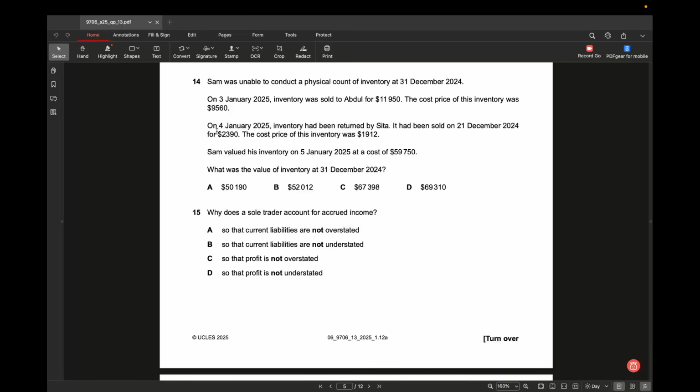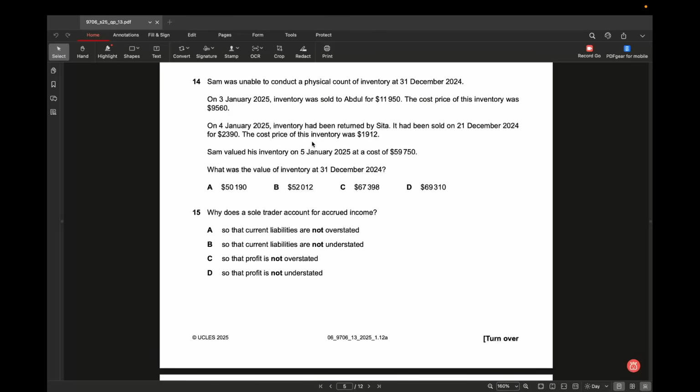On 4th January 2025, inventory had been returned by Sita. It had been sold on 21st December 2024 for 2,390. The cost of this inventory was 1,912.